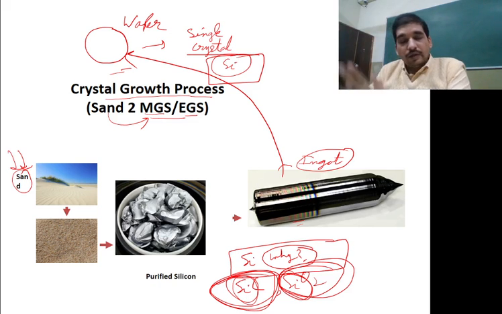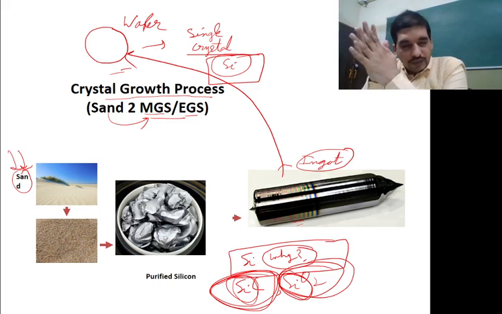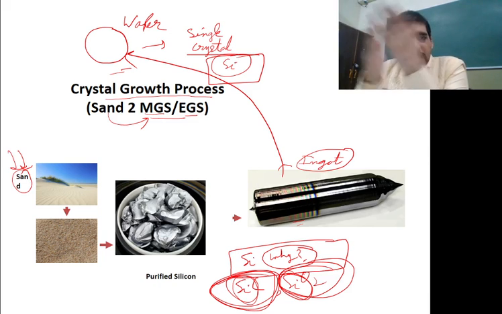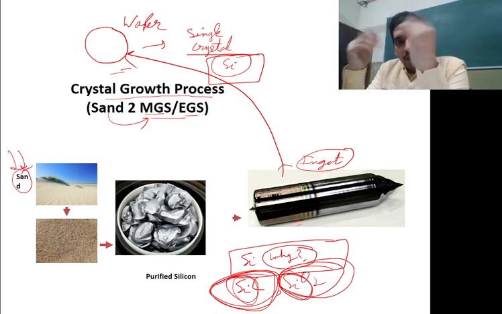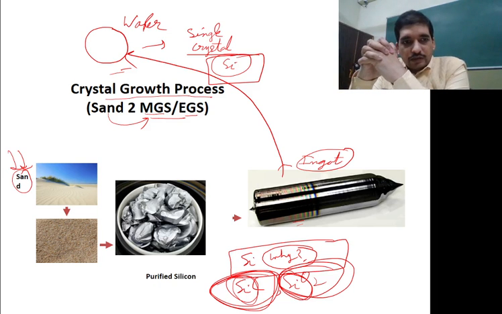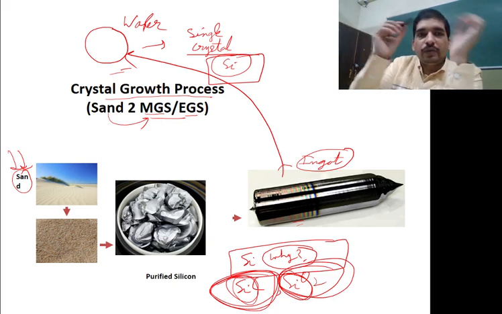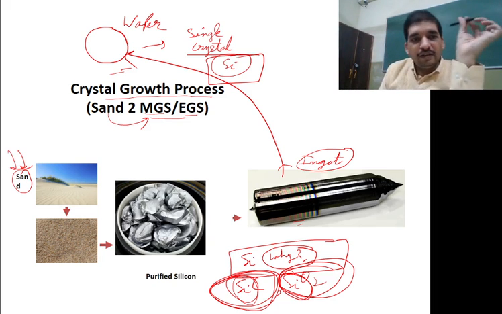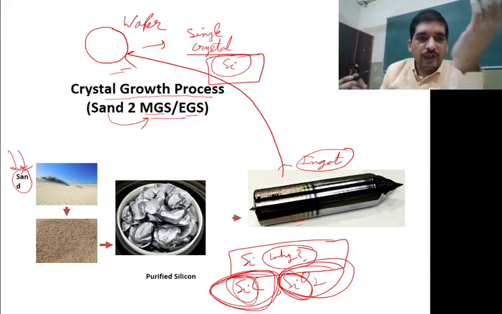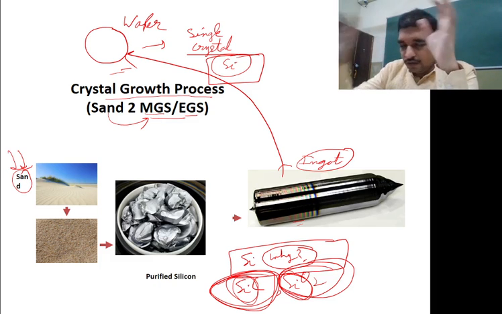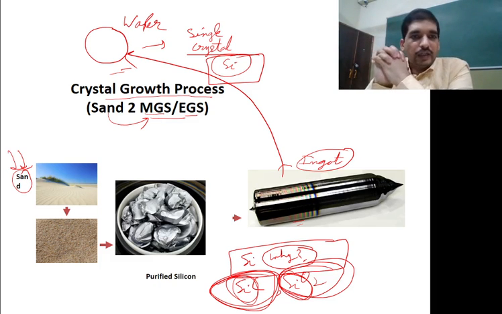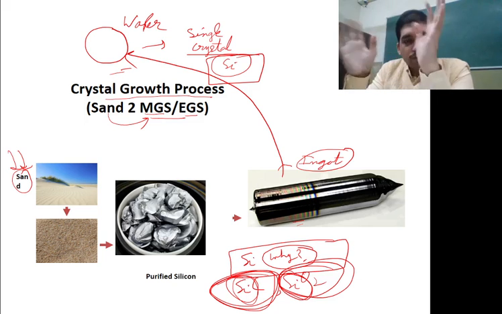So there is a simple saying that man came from the soil and will return to the soil. The same applies here. That means mitti, that is sand. You start fabricating your chip from sand, and finally a time will come when you will throw it again into the dust.